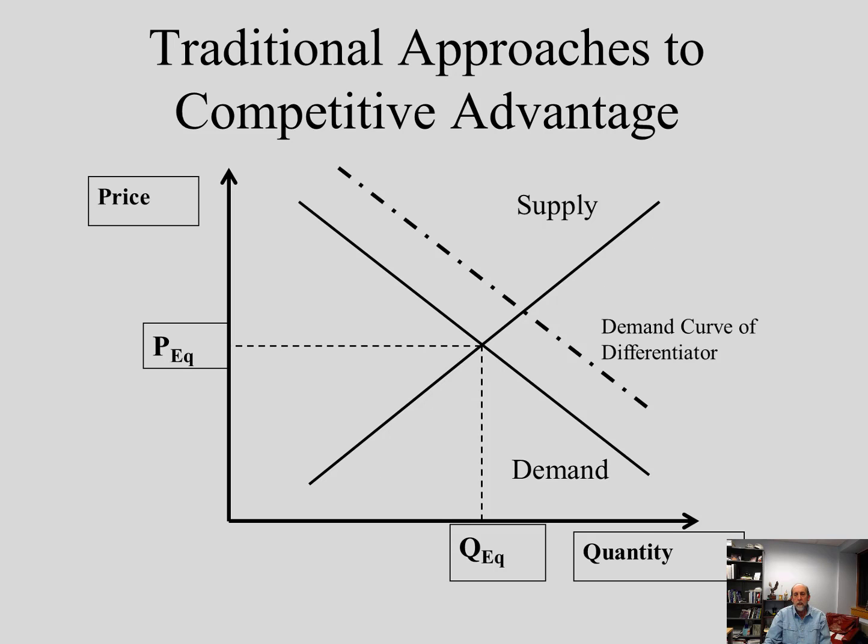The differentiator, on the other hand, works on the other side. It wants to have essentially a demand curve that is above that of the industry because it is offering something different, better quality, service, etc., things we've talked about before. In theory, it should be able to command a higher price for its products and services than the typical firm in the industry would.